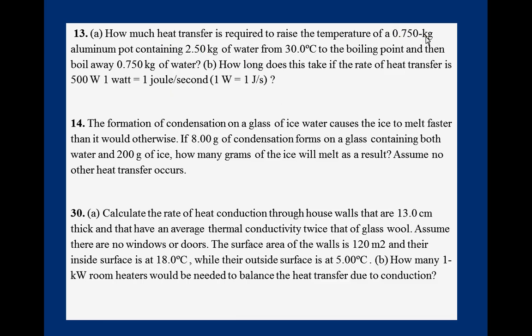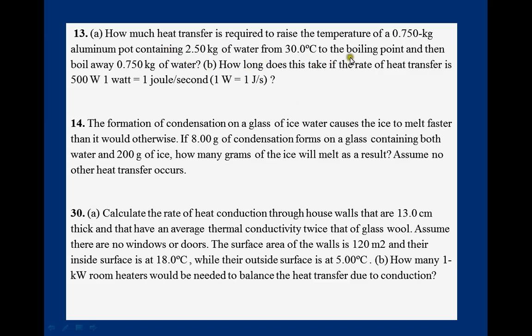Heat capacity of the aluminum pot, I'd look that up on one of the tables. Delta T, the change in temperature, I'm going to go to a final temperature of boiling water, so that's 100 degrees Celsius, minus the initial temperature of 30 degrees Celsius, so a 70 degree temperature change. So mc delta T for the pot.